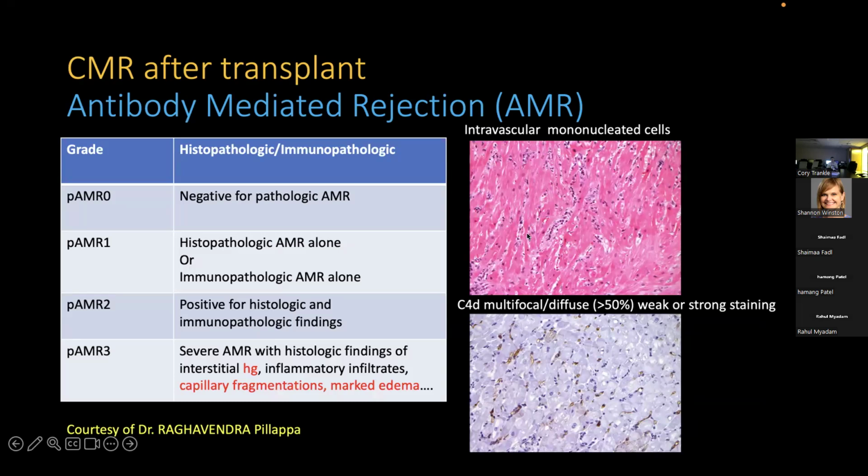Grade 1 is when either one of them is positive. Grade 2 is when both of them are positive. Grade 3 is when there is severe involvement and damage, interstitial hemorrhage, capillary fragmentation, and edema.